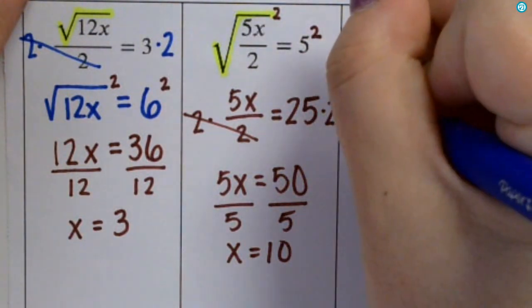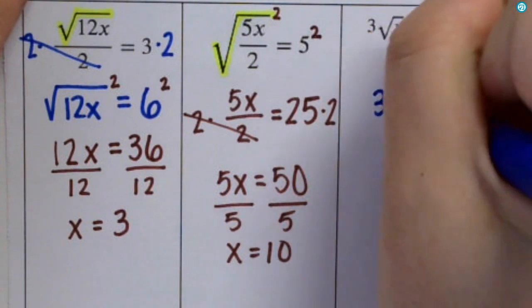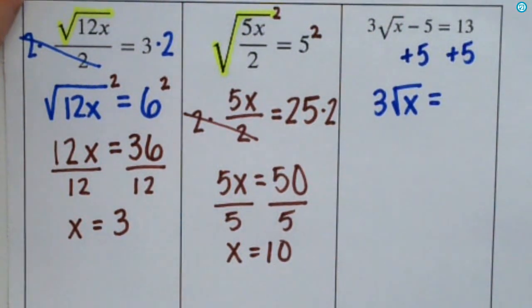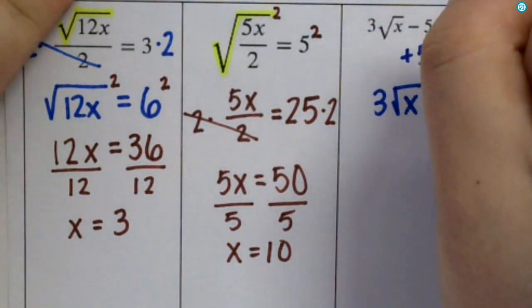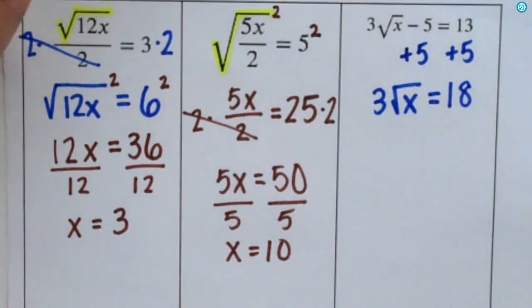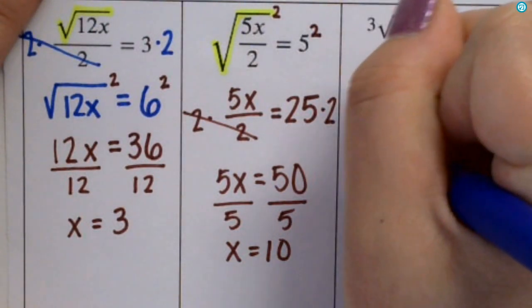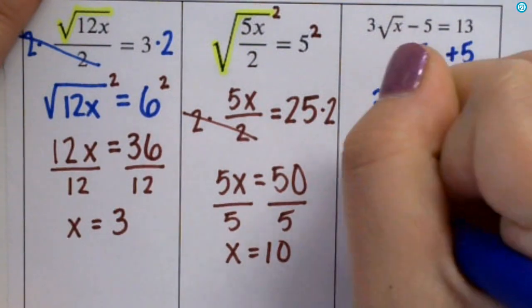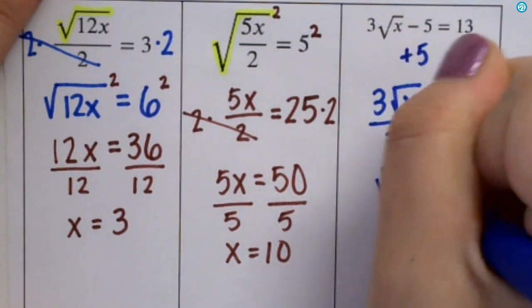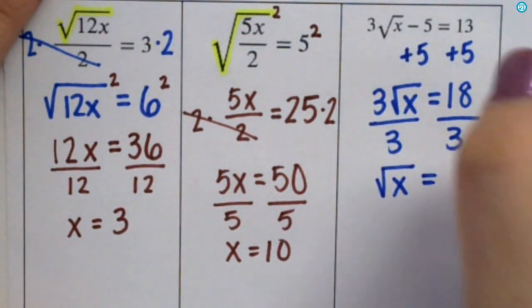So I've got 3 square root of x equals 13 plus 5, which is 18. Then I need to get rid of that 3 because it's outside of the square root. So I get rid of 3 by dividing both sides by 3. I get square root of x equals 18 divided by 3, which is 6.